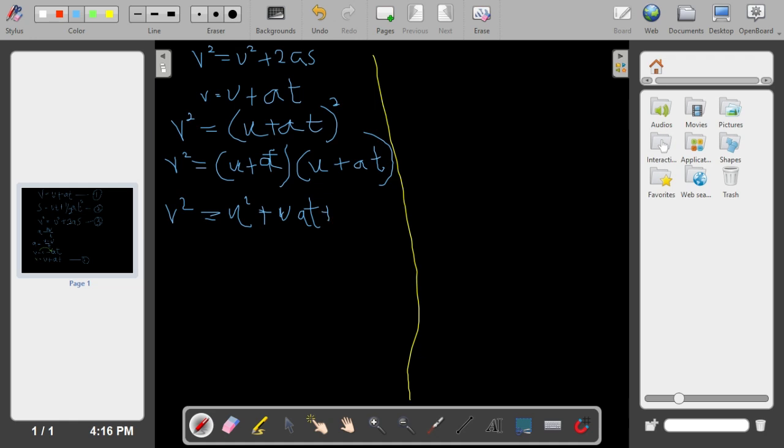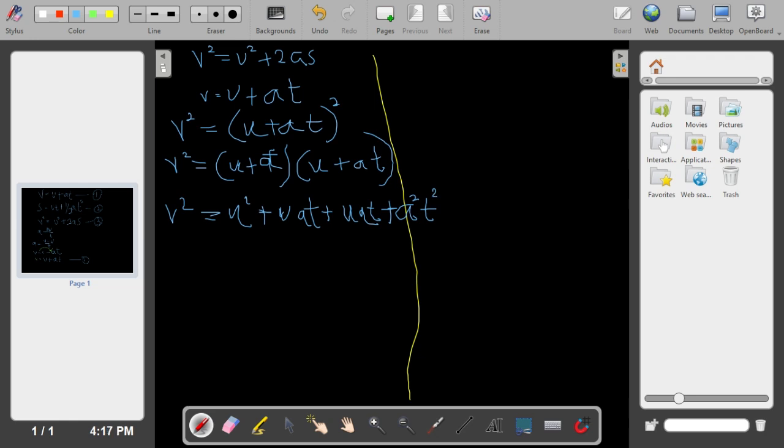You have another plus uat again. Then plus the last one is at times at gives you a squared t squared.